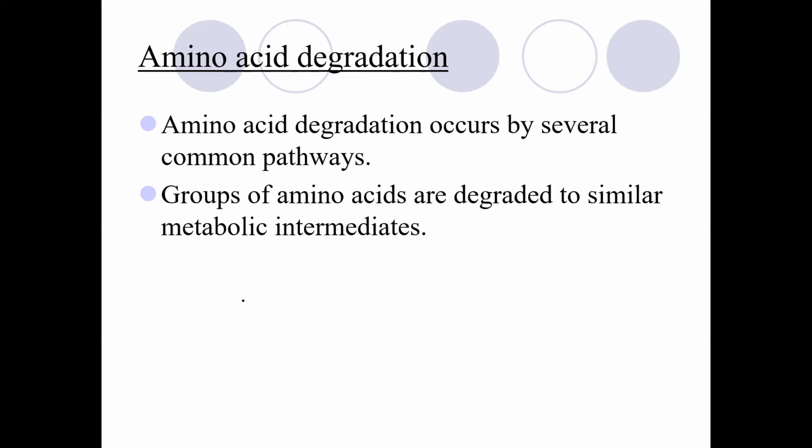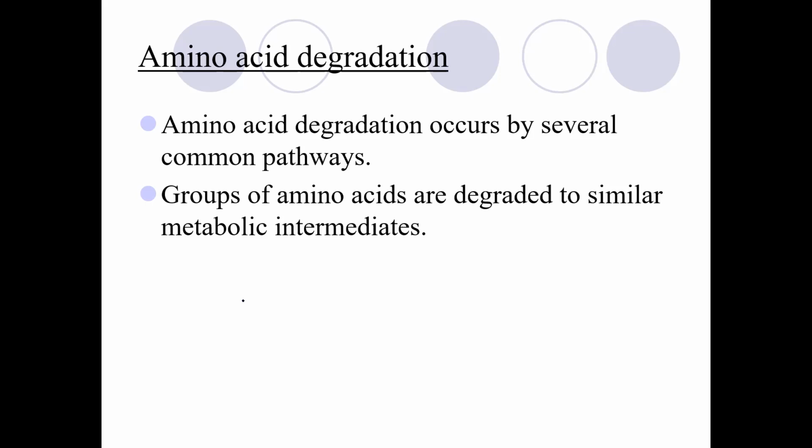So amino acids are degraded using common pathways. If you have amino acids that are structurally similar, the cell doesn't design 4 different pathways to degrade 4 different amino acids that are structurally similar. It'll shunt those 4 or 5 or 2 or 3 amino acids into a common pathway.